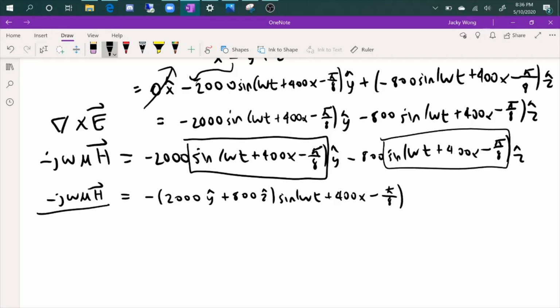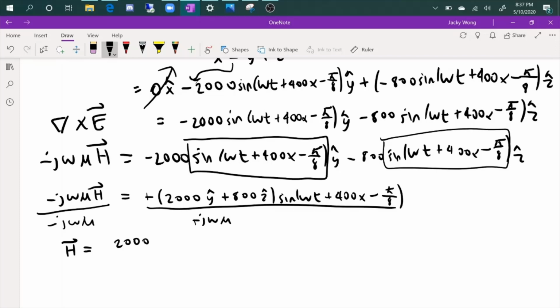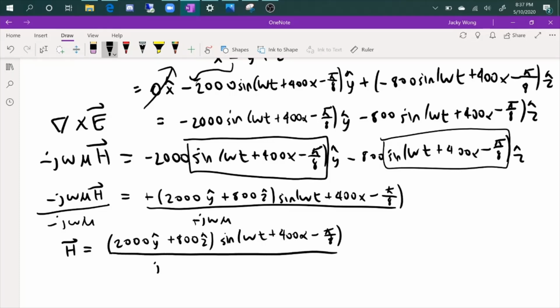We can now divide both sides by negative j omega mu, and we'll be left with h. These two negatives cancel out. So 2000 y plus 800z, times sine(omega t plus 400x minus pi over 8), all over j omega mu.